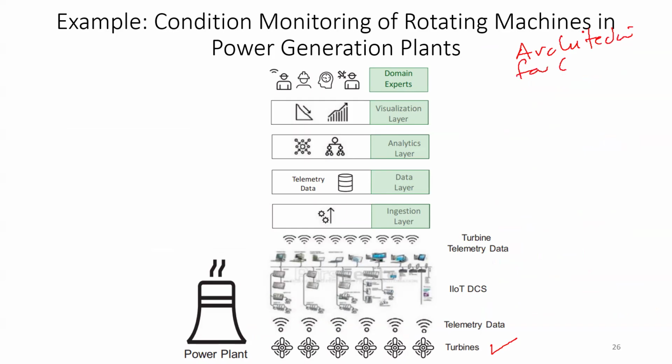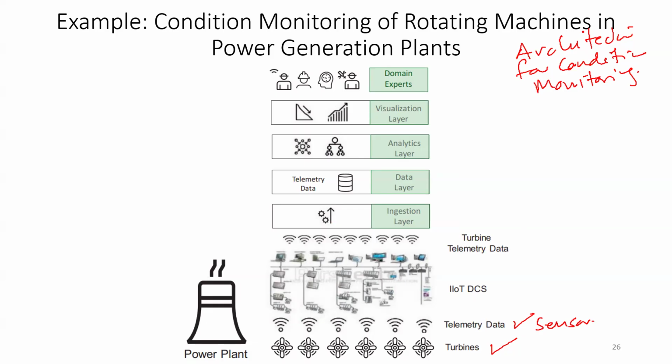At the machine level, we have sensors collecting data from the turbines, and this data is sent as telemetry data in real time, such as temperature, vibration, and power levels.